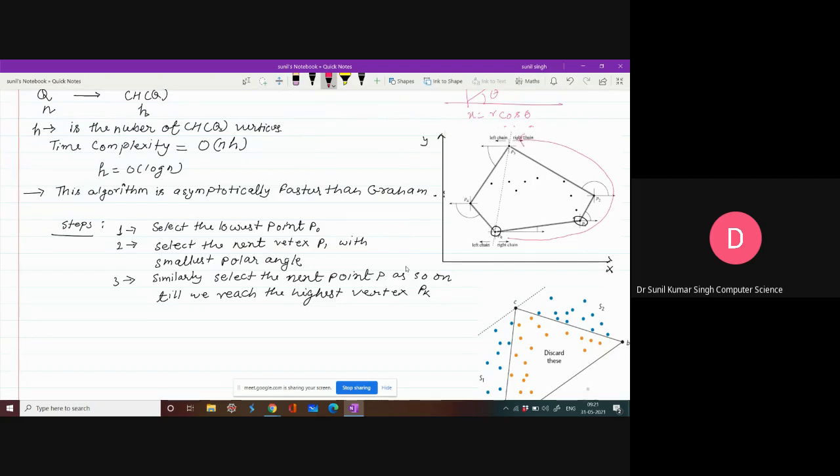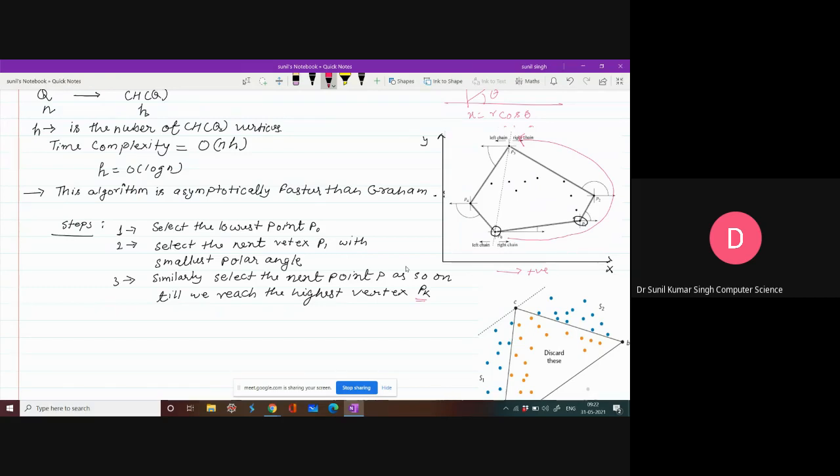If you have any doubt, you can ask. You can see this is the positive x-axis, and if you are moving in the reverse direction, then it will be the negative x-axis. So angles are measured from the positive x-axis.